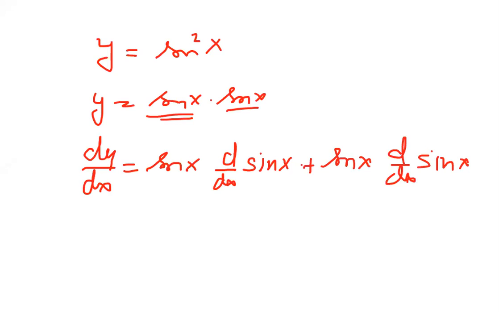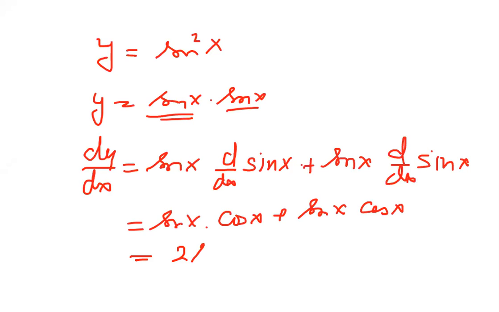So sin x, differentiation of sin x will be cos x, plus sin x, differentiation of sin x will be cos x. So sin x cos x plus sin x cos x equals 2 sin x cos x. And 2 sin x cos x is one of the identities, that is sin 2x.